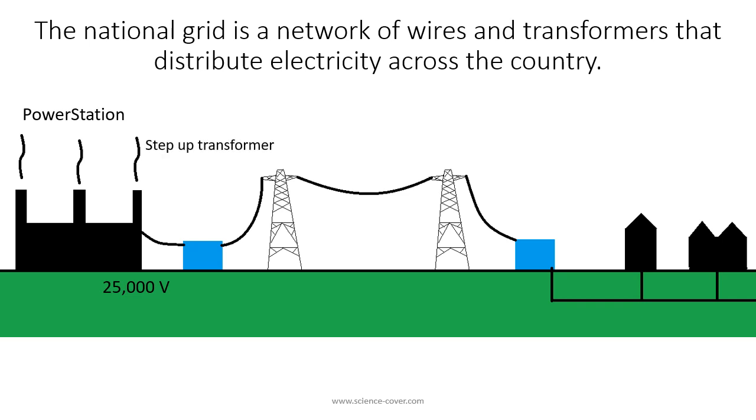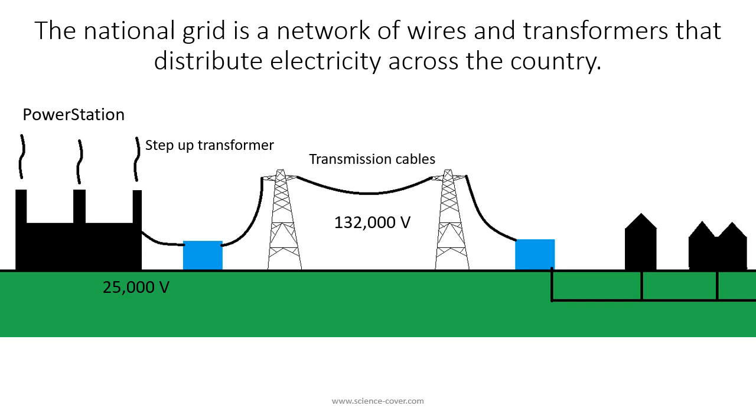So before we transport it, we send it through a step-up transformer. And the step-up transformer cranks the voltage up to 132,000 volts. And this brings the current all the way down, so it reduces the heating effect in the wires.